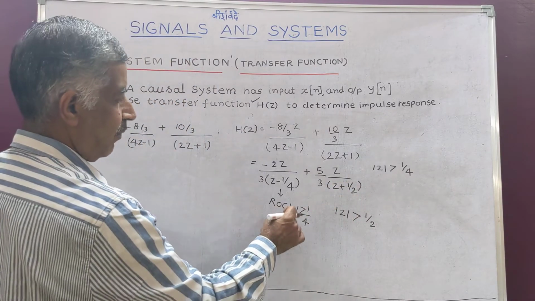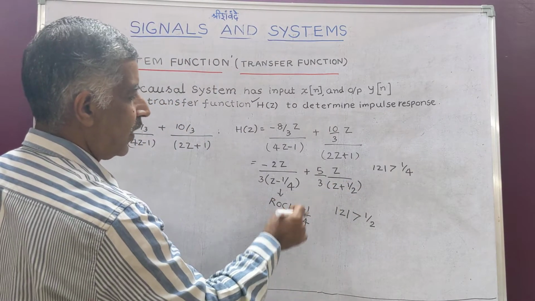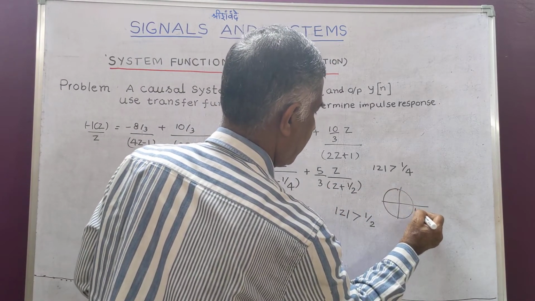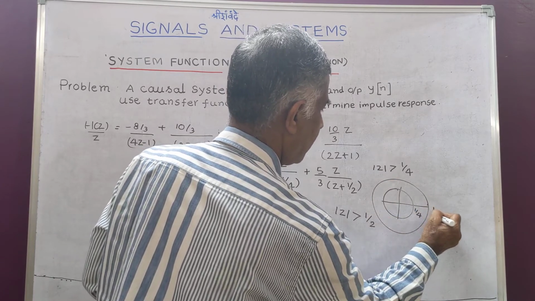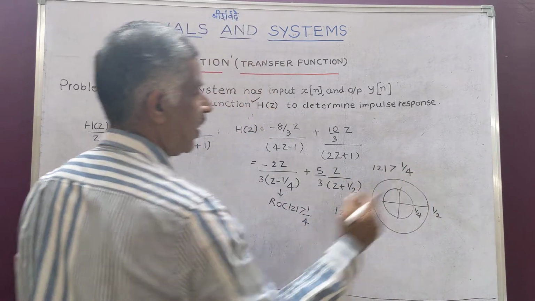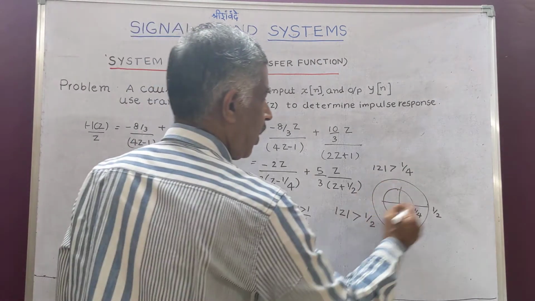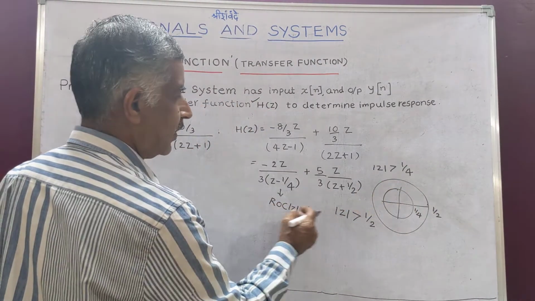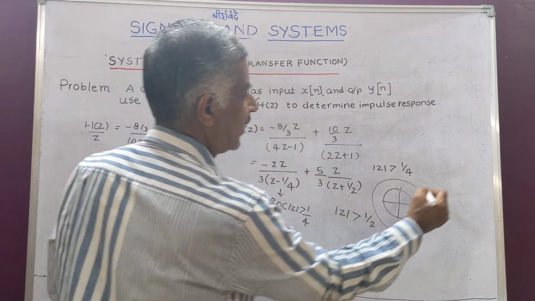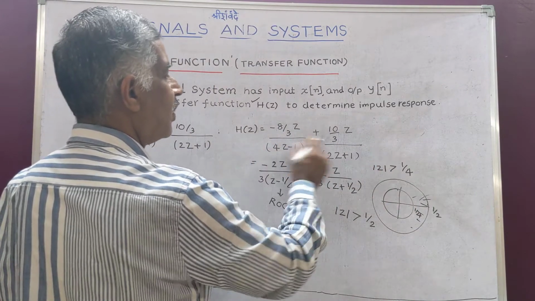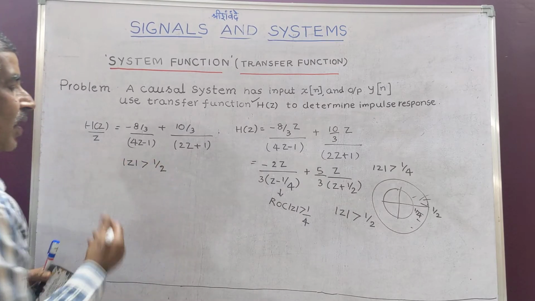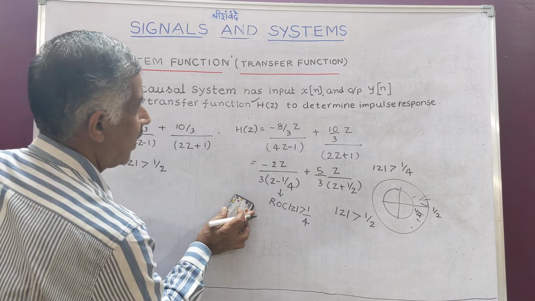It is the intersection of these two. One is |z| > 1/4 and the other is |z| > 1/2, so the intersection is |z| > 1/2.